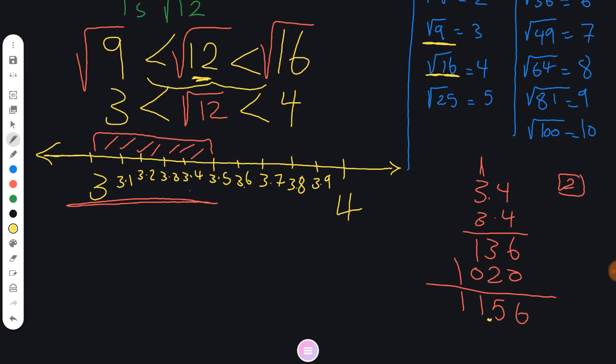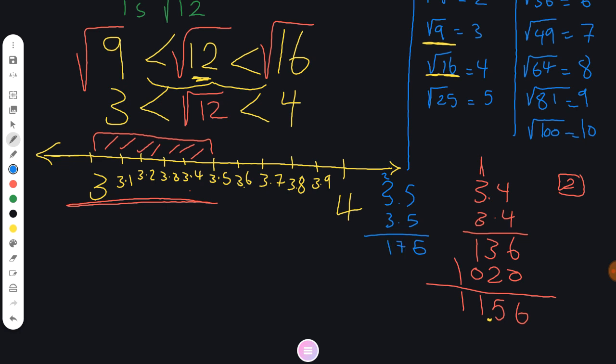What about if I take 3.5? Maybe it becomes closer to 12. Let's try it. 3.5 times 3.5. 5 times 5 is 25, 5 and carry 2. 3 times 5 is 15 plus 2 is 17.